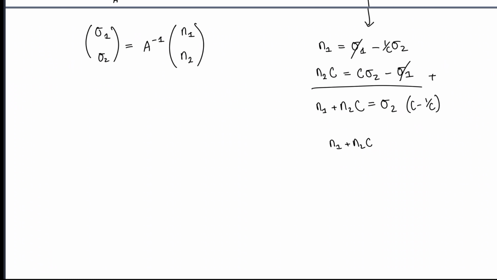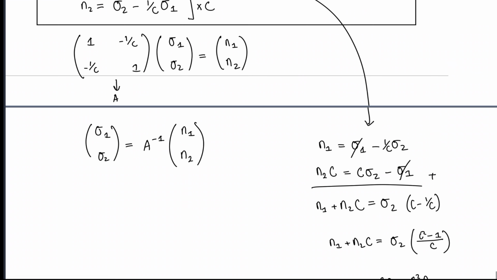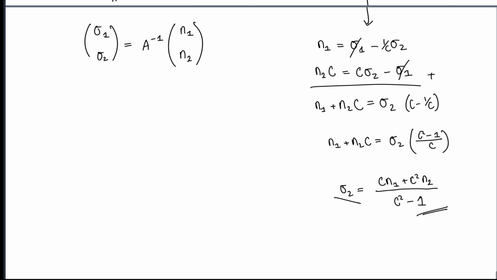And now we can write c minus 1 over c as c squared minus 1 all over c, and therefore sigma 2 is equal to c squared eta 2 plus c eta 1, all over c squared minus 1. So there's sigma 2.